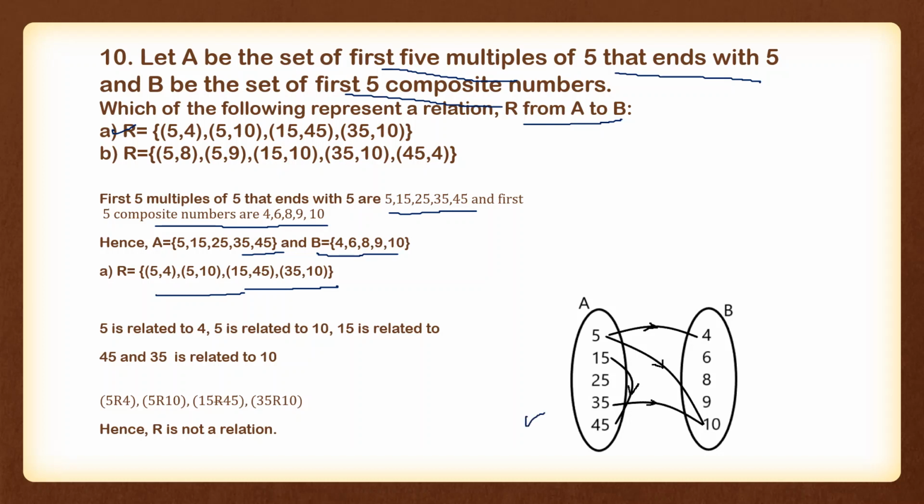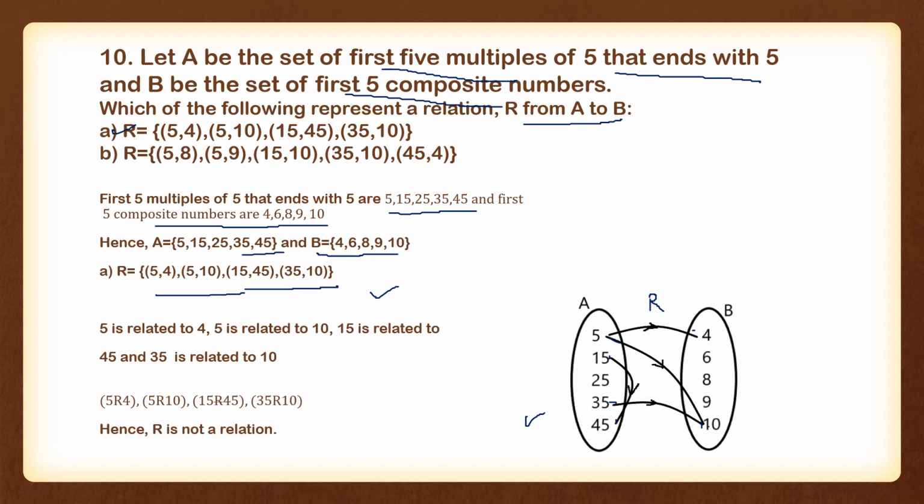So what is happening? A is here, B is here, we have A and B. Now the relation is (5, 4), so that means 5, 4 and 5, 10, 15 and 45, 35 and 10.